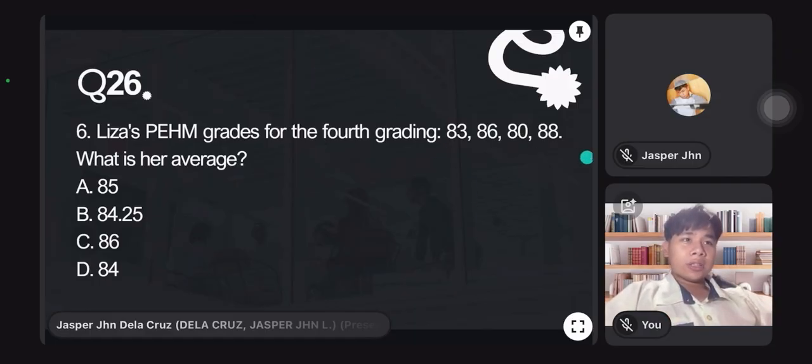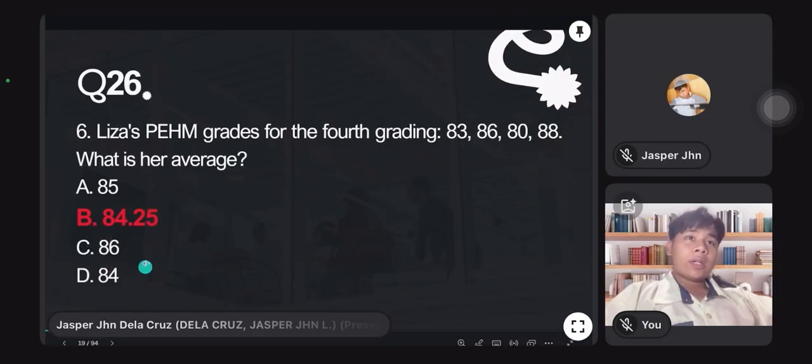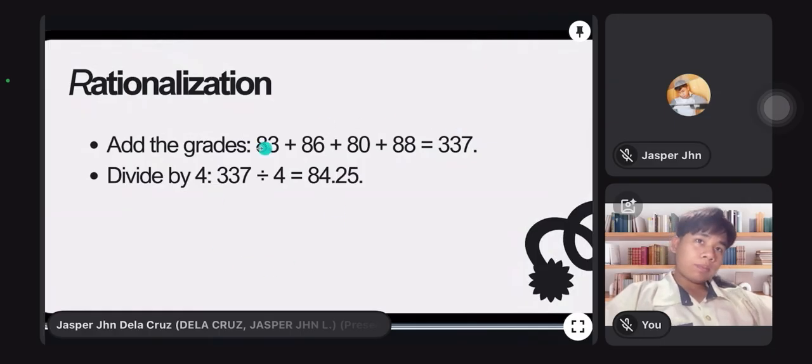To get the average, as we all know, we need to add all these 4 numbers and divide by how many they are. So they are 4. Divide by 4, the answer will be 84.25. So this is the solution or the rationalization. When you add it all together, 337 divided by 4, that is 84.25.